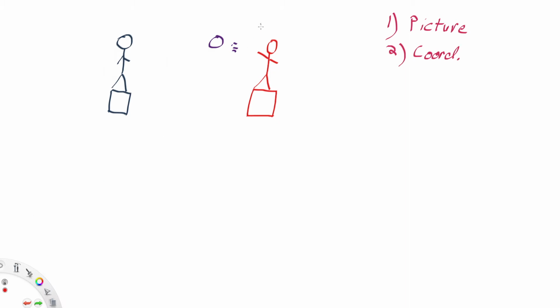So I think it's reasonable to make the red person our point of view, and I'm going to choose the throwing height as the origin. Also, I'm going to say that to the right and up seem like reasonable choices for positive x, positive y.